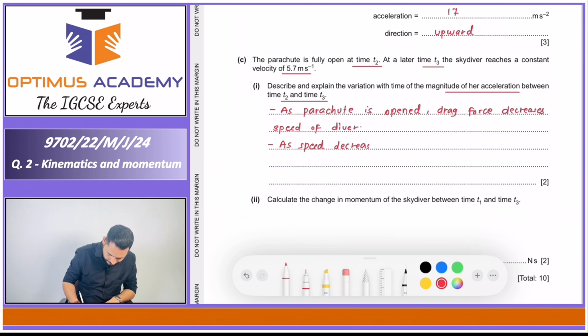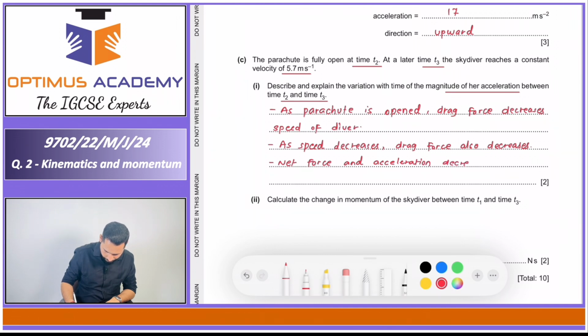As speed decreases, drag force also decreases. Subsequently, net force and acceleration decrease to 0.